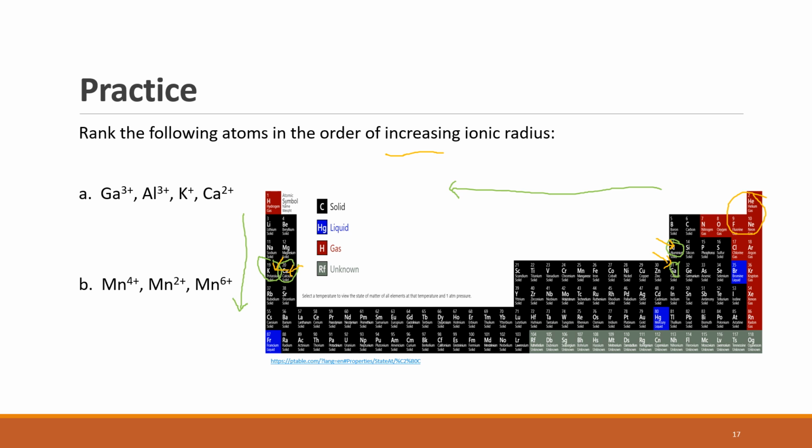So if we're going in order of increasing, the largest one is going to be the one with the smallest charge. So manganese with a +2 is going to be the largest ionic radius, and then manganese 6+ is going to be the smallest. And that means the manganese 4+ will be in the middle.